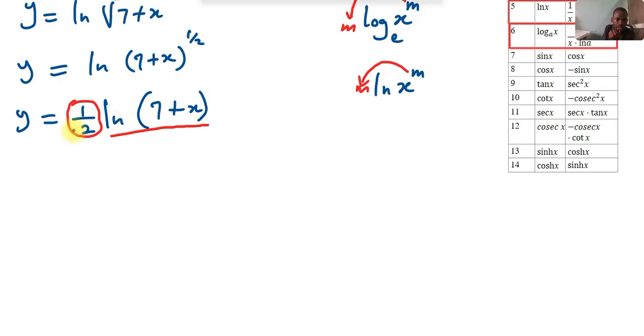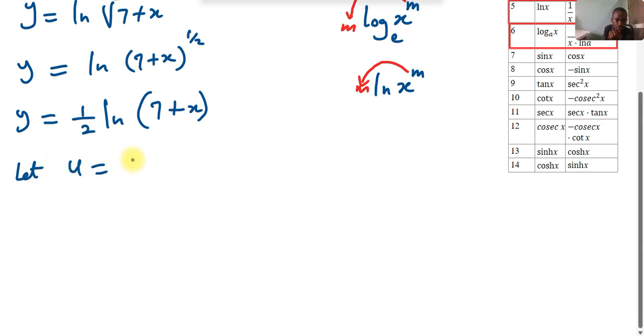We keep it constant. So looking at this, I can rewrite this by letting u be equal to 7 plus x.